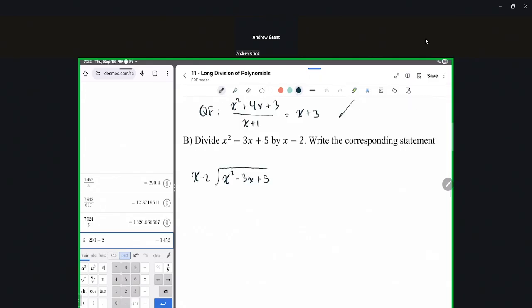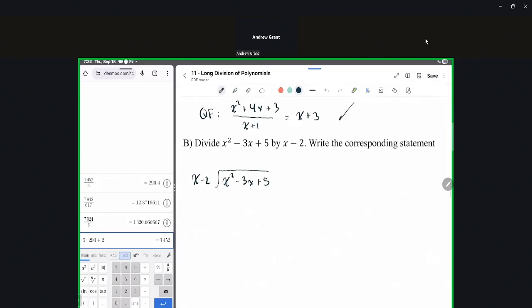Okay. And so first thing we want to do is how many times does x go into x squared? So we're answering the question x squared over x. So how many times does x go into x squared? And the answer to that is just x times. So we're going to write the x above. So if you notice here, I'm trying to line up my x values.